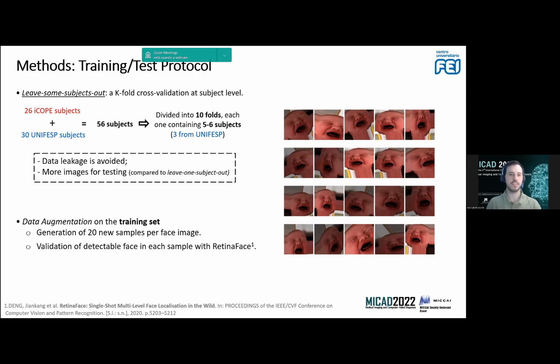This strategy avoids data leakage since we won't have images of the same neonate in both test and training sets at the same time, and also guarantees more images for testing when compared to the classic leave one subject out. In each iteration of the cross-validation process, we applied the data augmentation technique only on the training set, in which we generated 20 new samples per face image. Each new sample was verified by the face detector RetinaFace, and only the valid images were used for training the models.